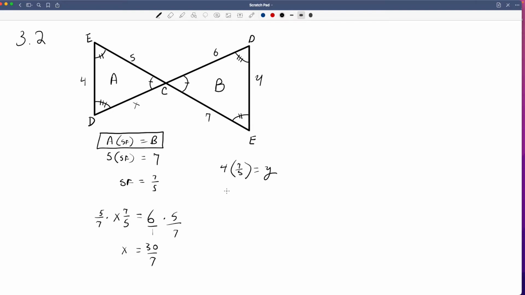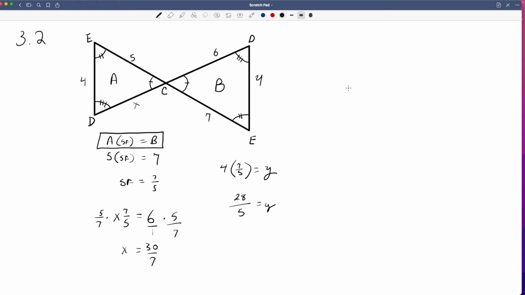All right, so 4 times 7 is 28 over 5 is the value of y. Easy peasy. That's all we had to do. And that's why I put the same points at each angle, just so I can keep it straight which side is which side. All right?